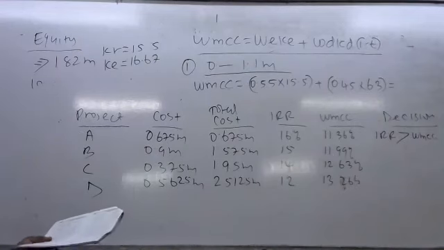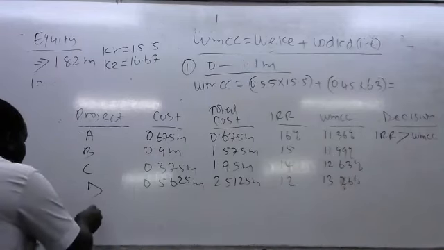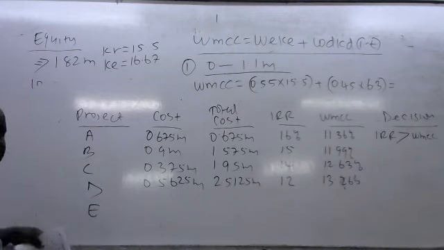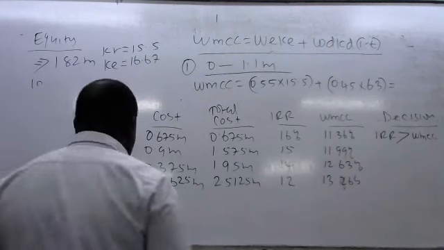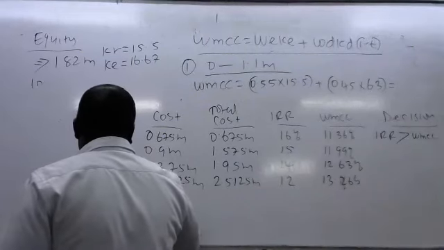Then finally, project E. Project E had an initial cost of 0.75 million.